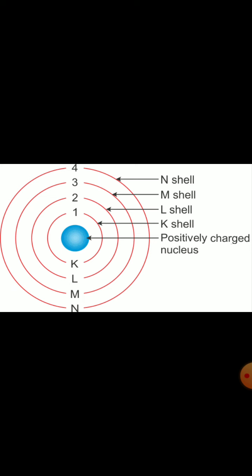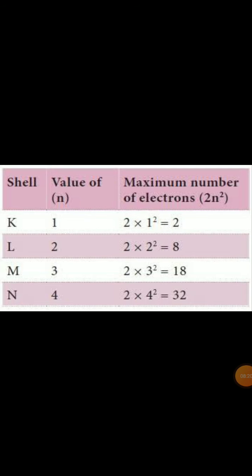The maximum number of electrons that can be filled in a shell depends on the formula 2n square. This formula you need to remember. It is the formula to decide the maximum number of electrons that can be accommodated in a shell.